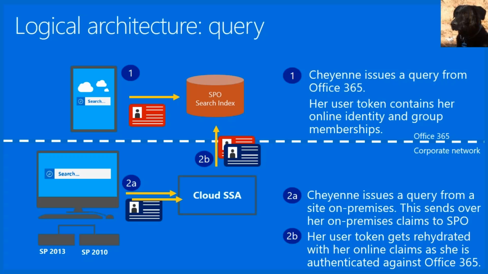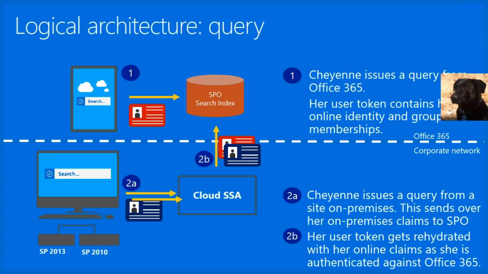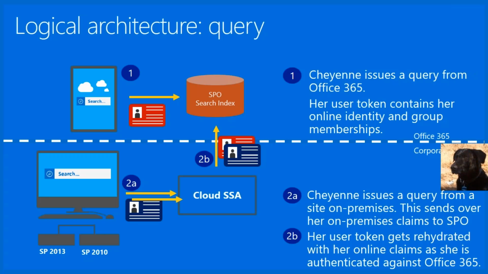If she's inside her corporate network on a SharePoint 2013 or SharePoint 2016 search center, and she executes a search, what SharePoint does is it passes that request back up to the SharePoint Online Index, and her on-premises identity gets rehydrated with SharePoint Online claims so that SharePoint Online can know what content to show her. So again, this is why directory synchronization is so important.